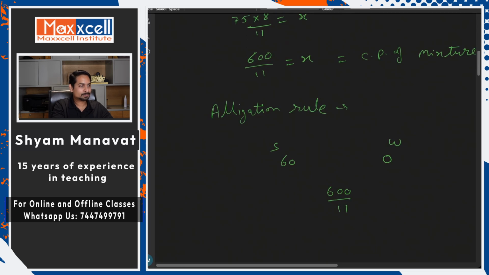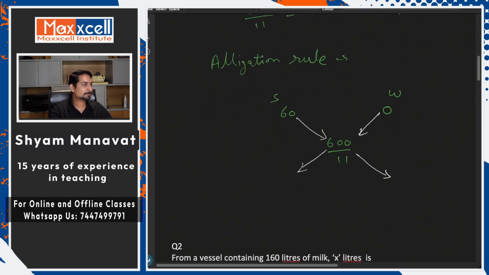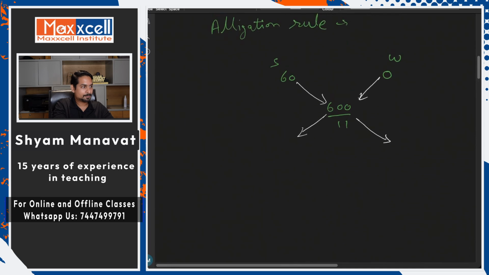Now applying the alligation rule, what do we do? We cross subtract. See what you get. Here 600 by 11 as it is, and here if you subtract, you will get 60 minus 600 by 11. If you simplify this, you will get 60 by 11.